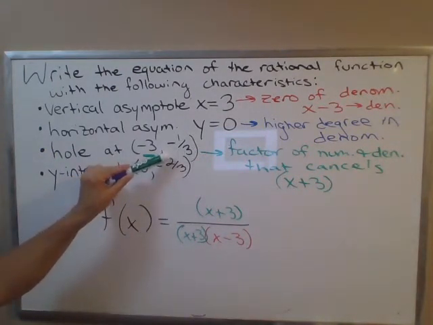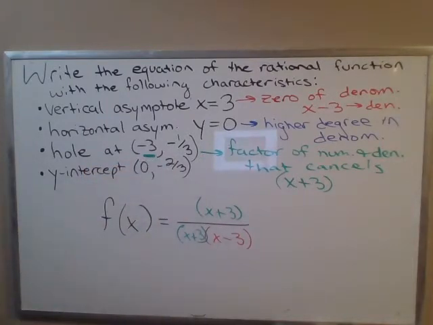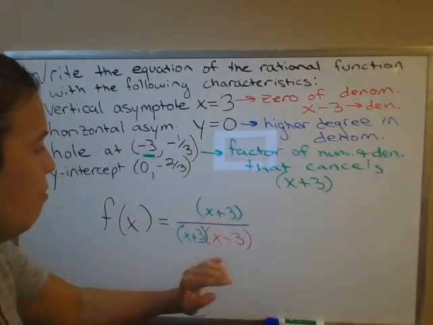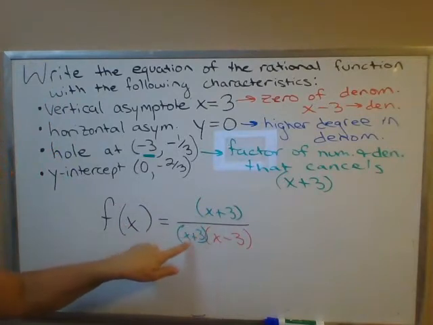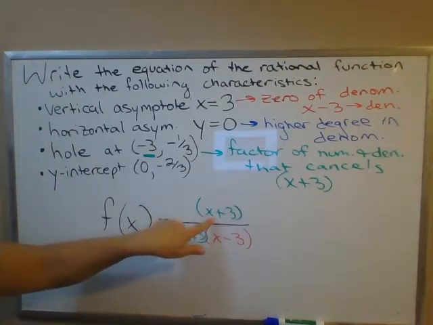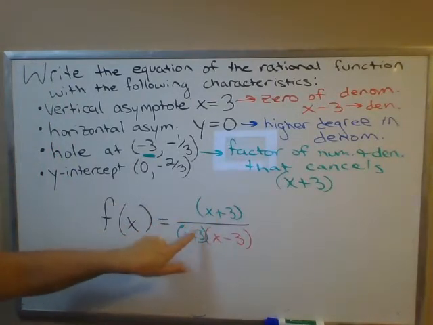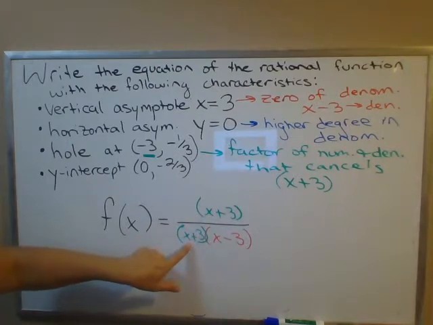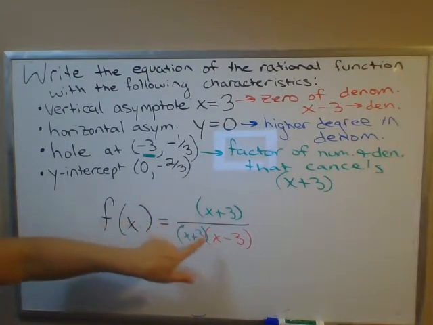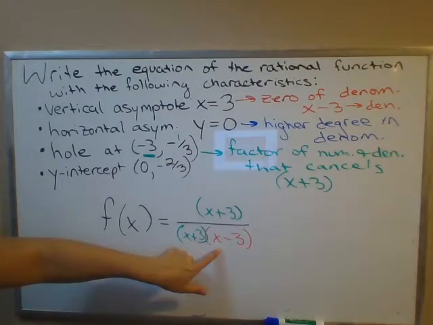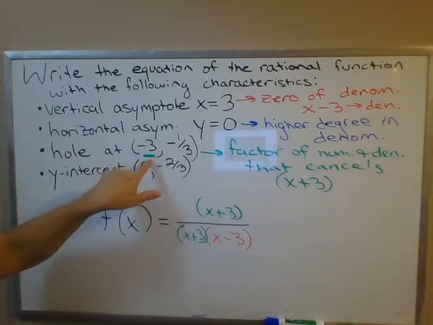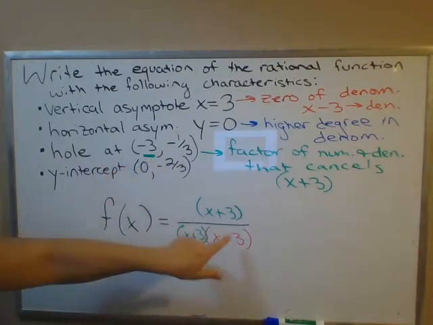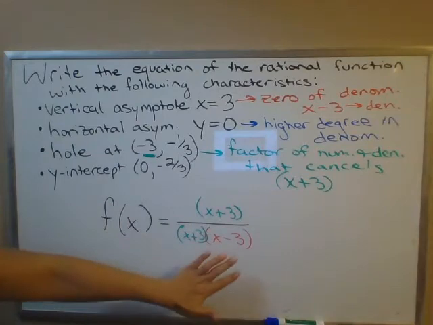Now notice the y value is -1/3. If you cancel the x plus 3's right now, you'll have 1 over x minus 3, and plug in this x coordinate -3, you're going to get 1 over -6, if you can kind of picture that.